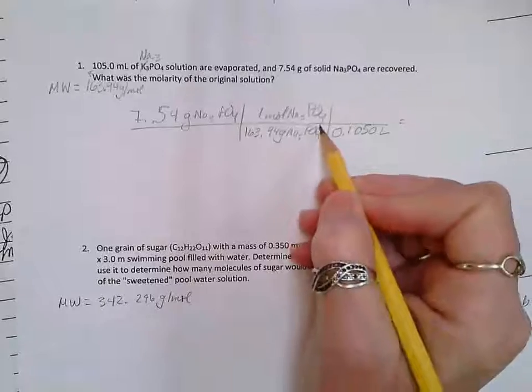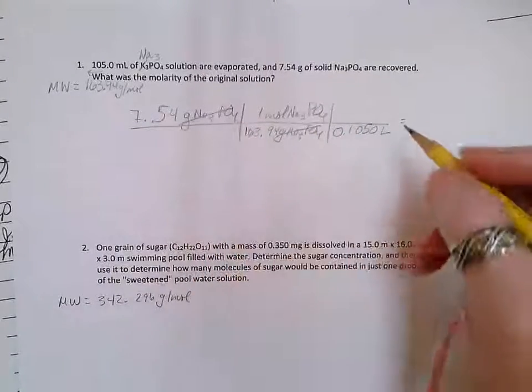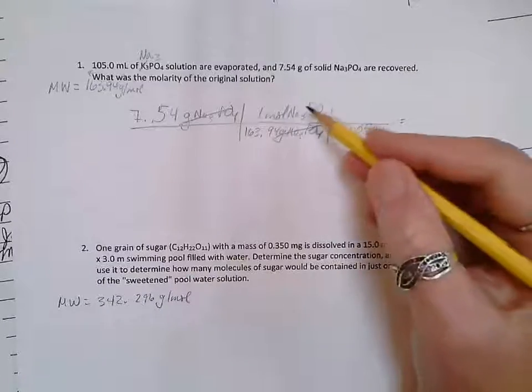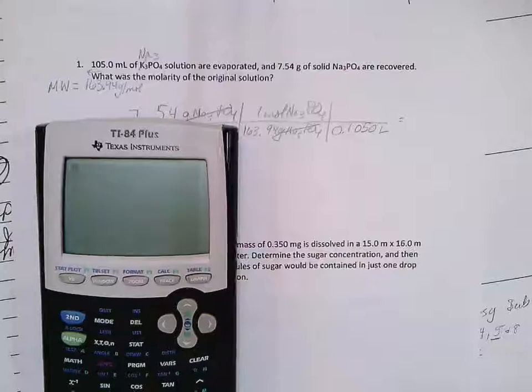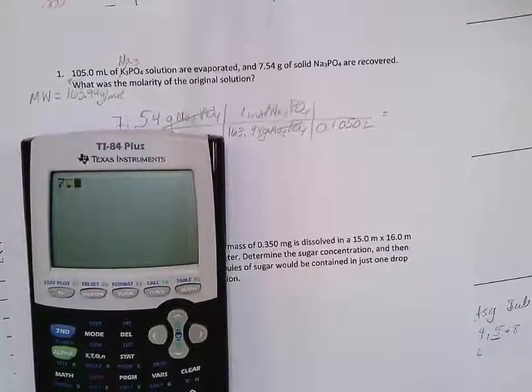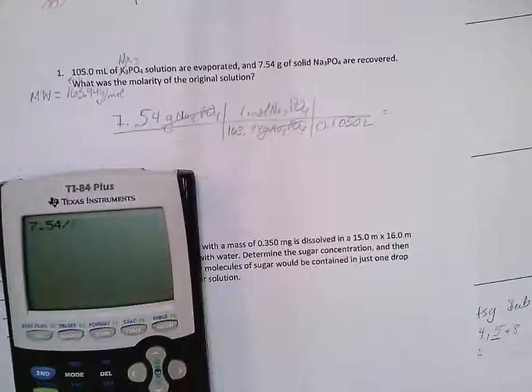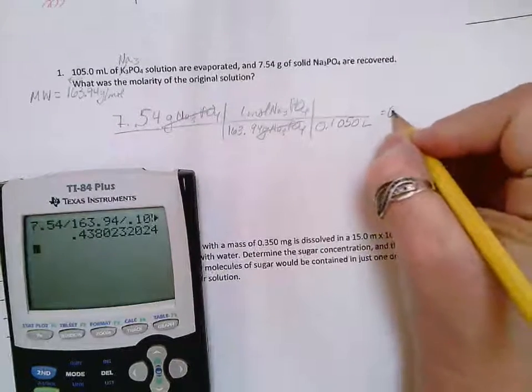Grams of Na3PO4 will cancel, and I will have moles divided by liters, and that'll give me my molarity. So it's going to be 7.54 divided by 163.94 divided by 0.1050 equals.